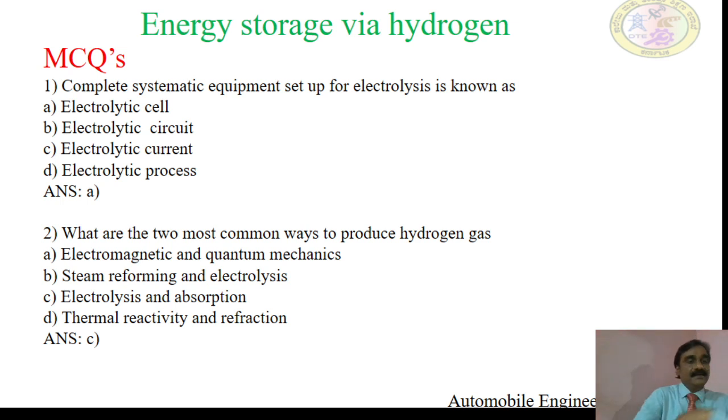First question: complete systematic equipment setup for electrolysis is known as: first answer, electrolytic cell; second answer, electrolytic circuit; third answer, electrolytic current; fourth answer, electrolytic process.